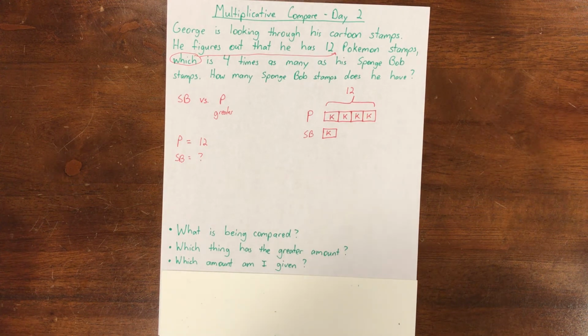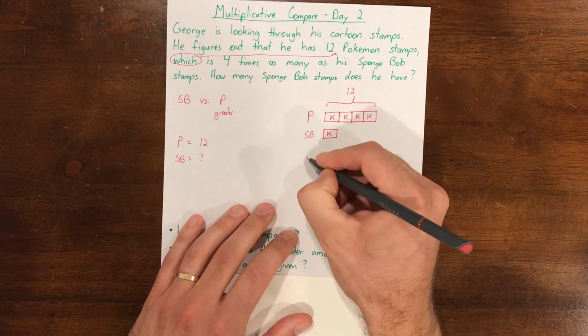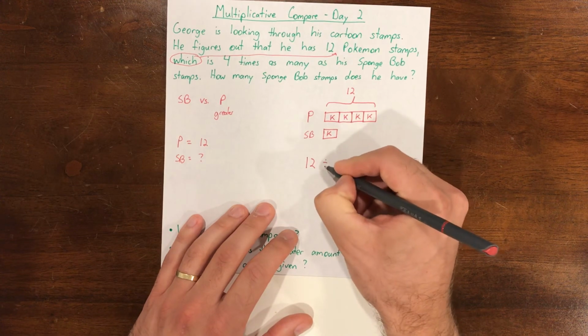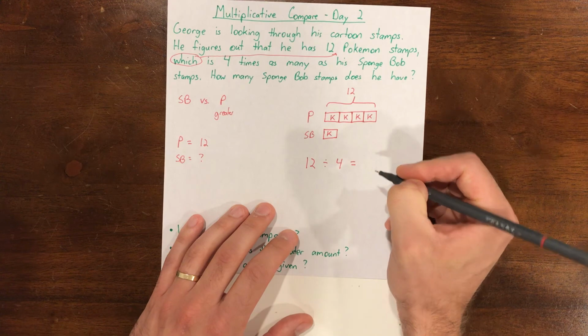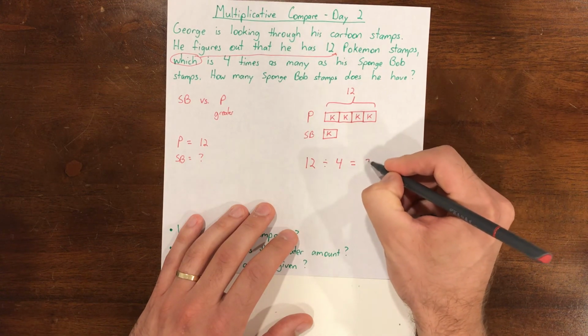So based on our representation, what equation could we use to solve this problem? Say it out loud. Sure. 12 divided by 4. And what's that going to equal? Say it out loud. Yeah, 3.